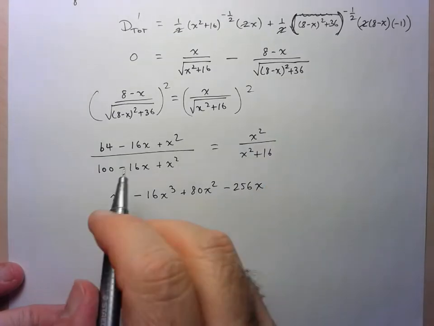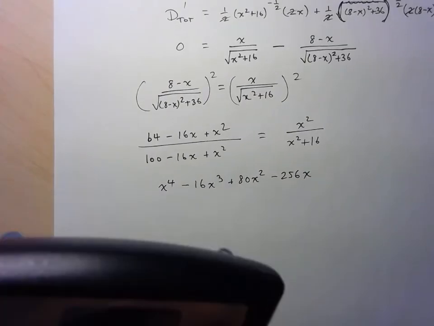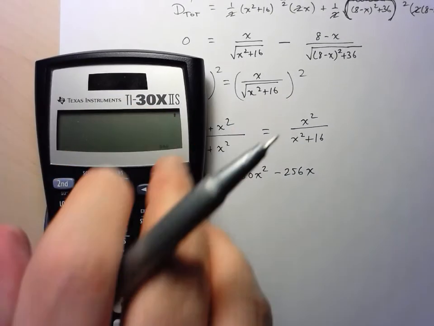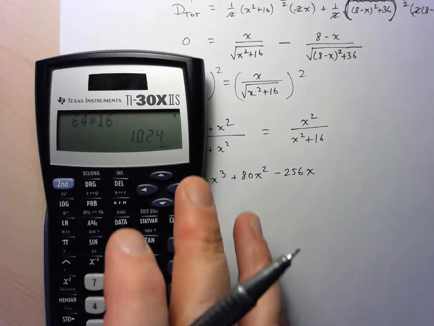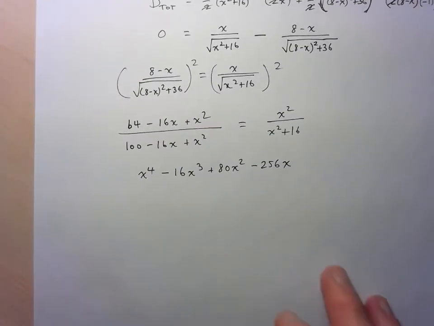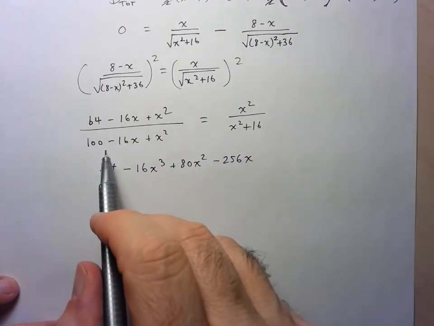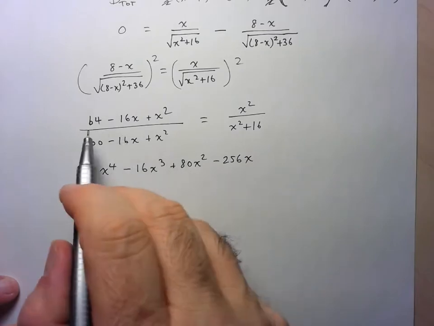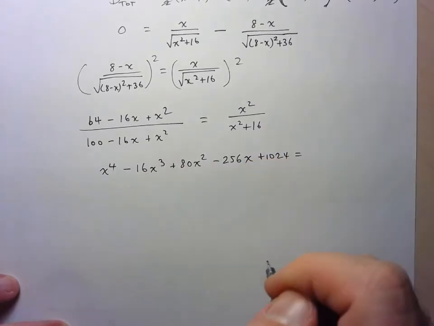And then my constant term is going to be 64 times 16. I think that one I will take the trusty calculator for. 64 times 16. Okay, 1024. Actually, you know what? I should have done that in my head because these are both powers of 2. Should have been able to figure that out. Okay, so plus 1024, but it's a little late.